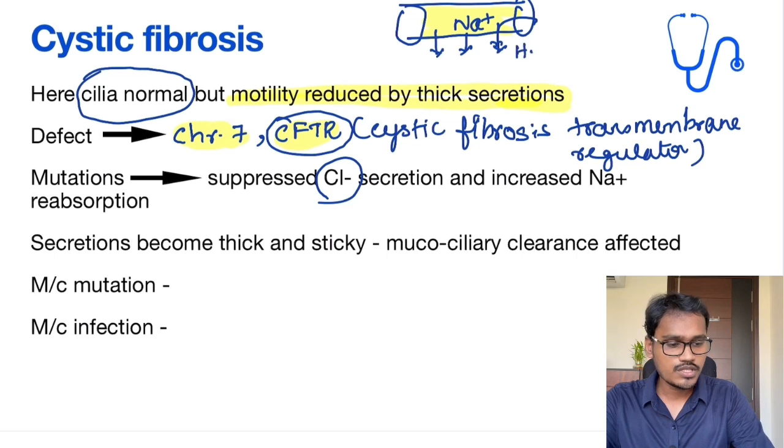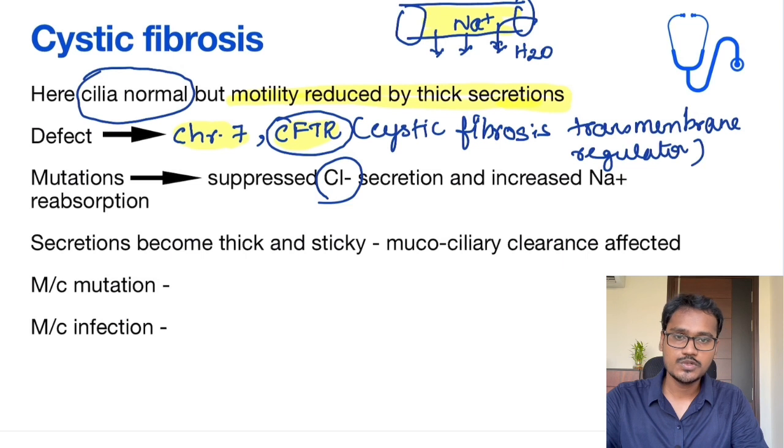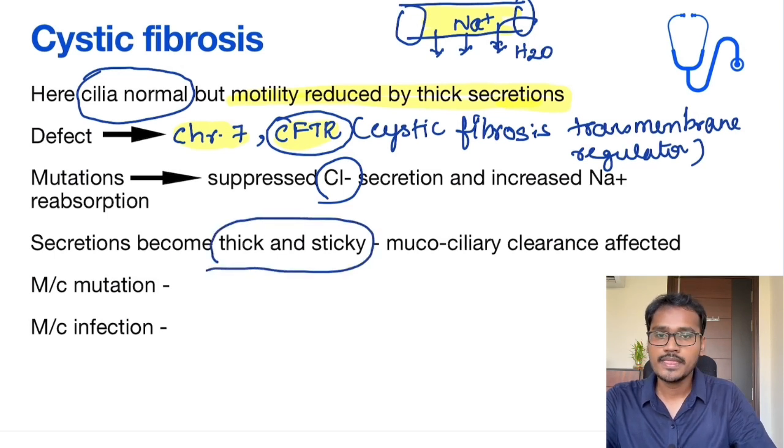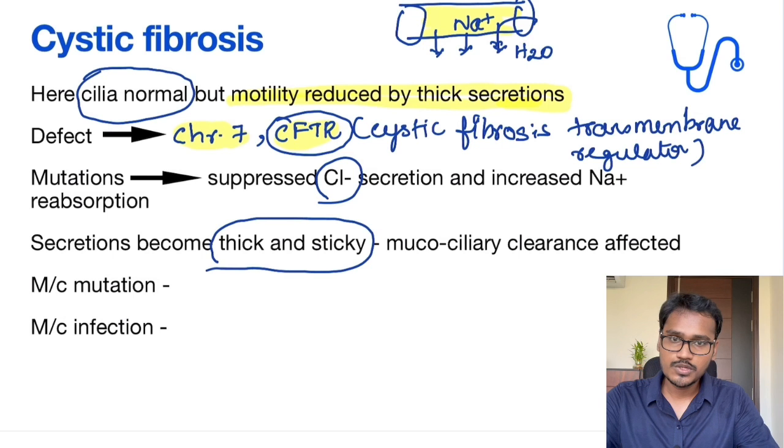Because of the reabsorption of sodium and water, as well as suppressed secretion of chloride, the mucus becomes thick as well as sticky. So obviously the mucociliary clearance will be affected.